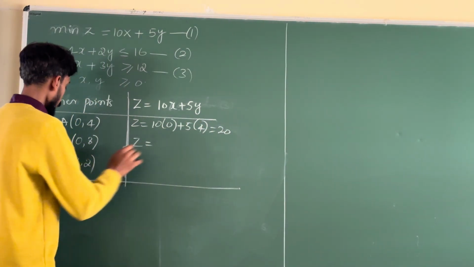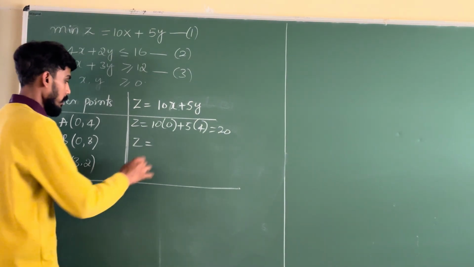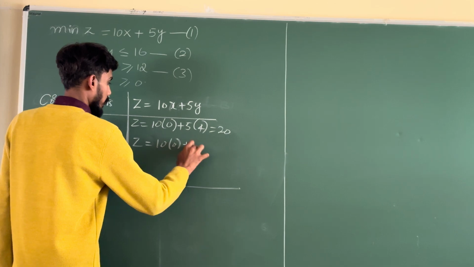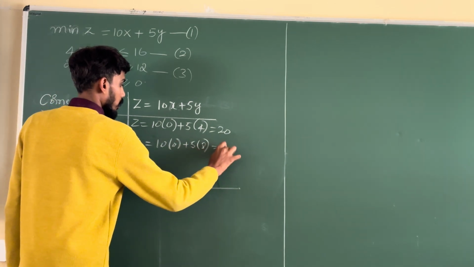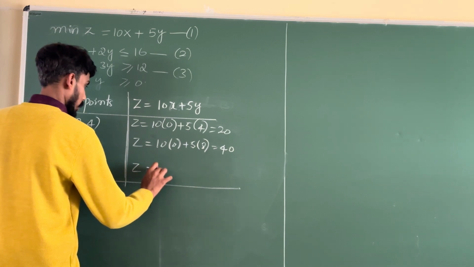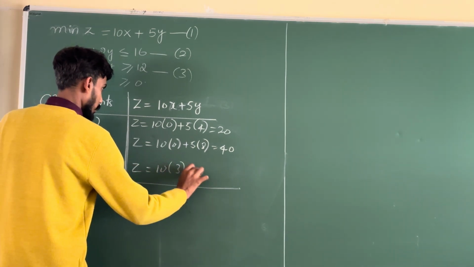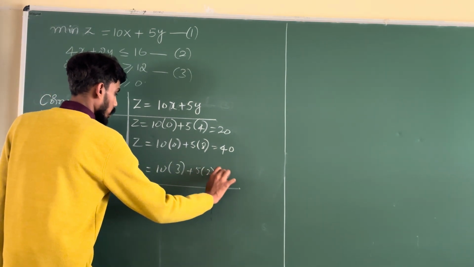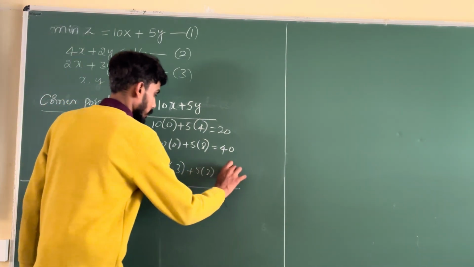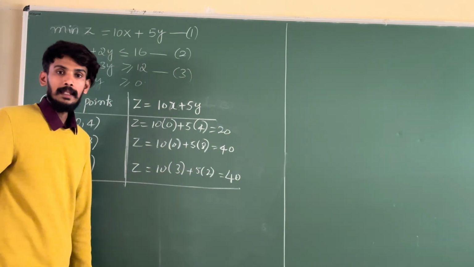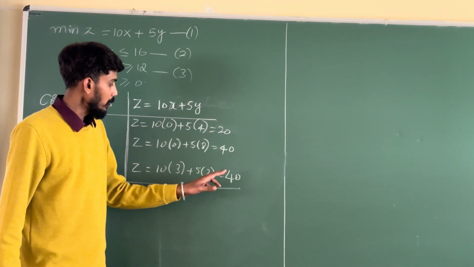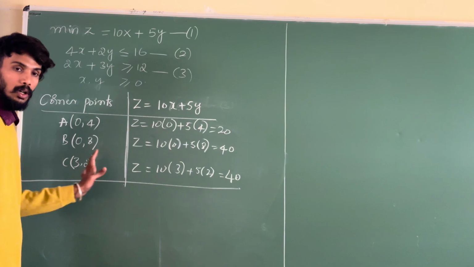And the second corner point 0, 8: 10 into 0 plus 5 into 8, I got the value 40. And the third corner point 3, 2: 10 into 3 is 30, 5 into 2 is 10, that is 40, right? Here we got the 3 values 20, 40 and 40 for the different ordered pairs.